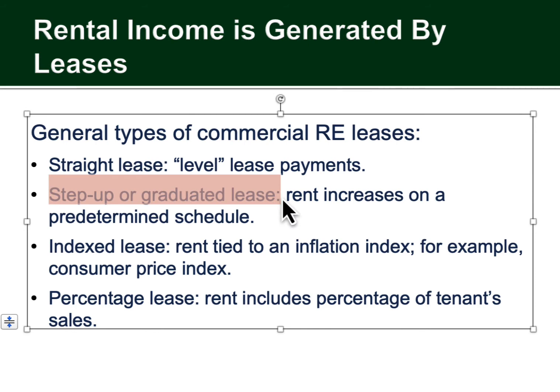Office leases are long, and so a typical step-up provision might negotiate rent for the first 5 years to be X, and then years 6 through 10, X plus 5%, meaning rents increase by 5% each year in years 6 through 10. And then after year 10, contract is over and a new lease can be renegotiated, or the office tenant can move out, can vacate.